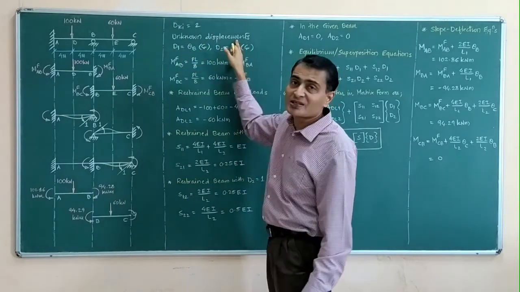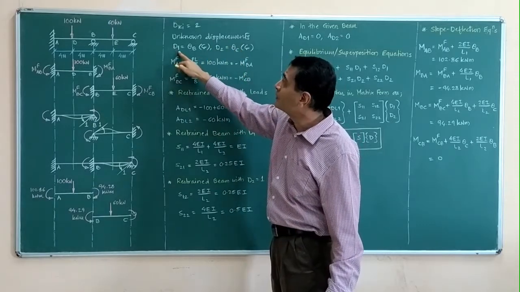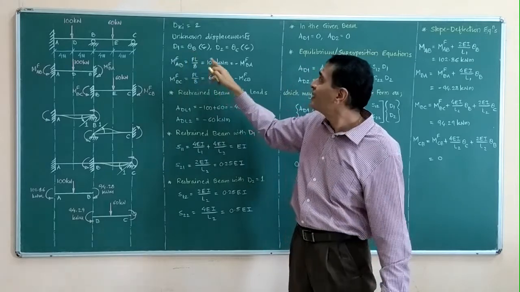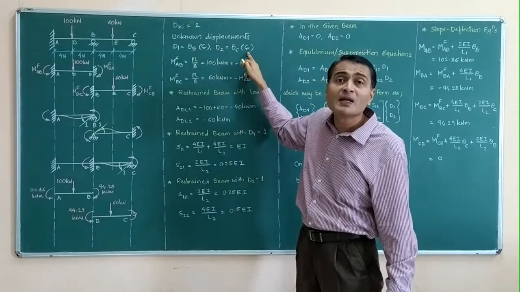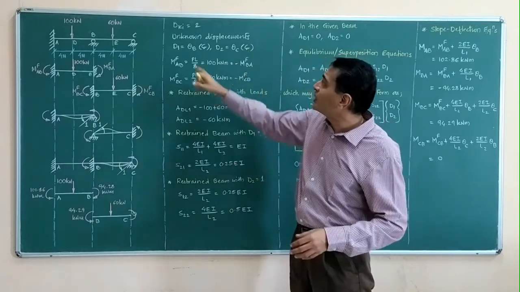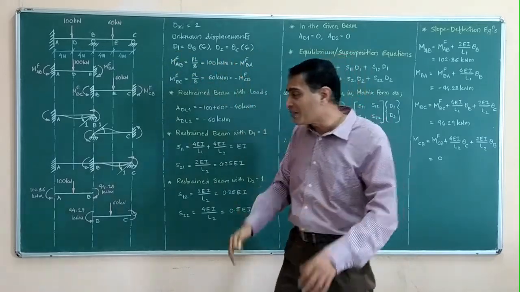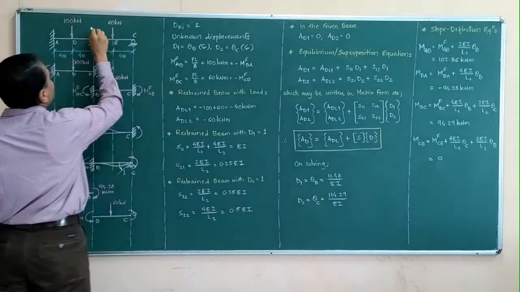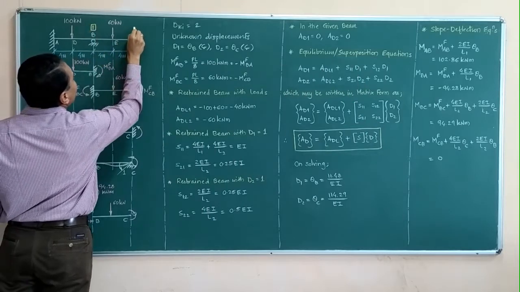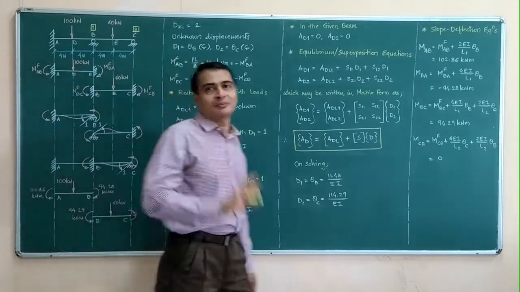Unknown displacements, nodal displacements or joint displacements, D1 is equal to theta B, presumably anticlockwise, and D2 presumably anticlockwise, theta C. Since I am calling theta B as D1, theta C as D2, it clearly means that these two nodes, respectively B and C, we have chosen to be called as 1 and 2 as I have written.